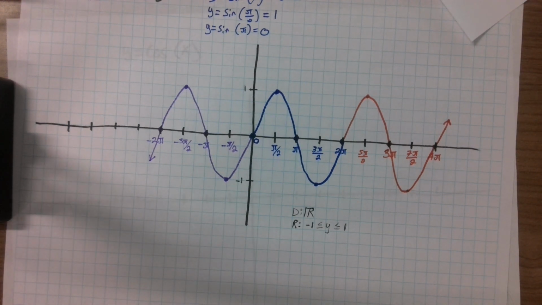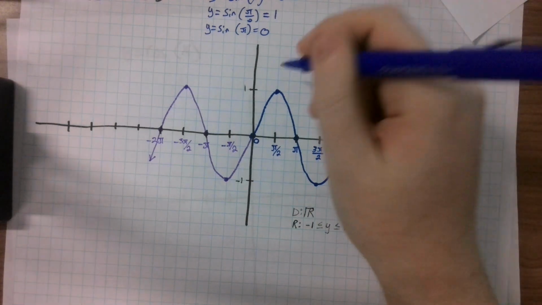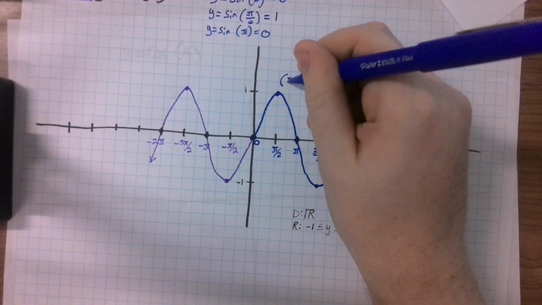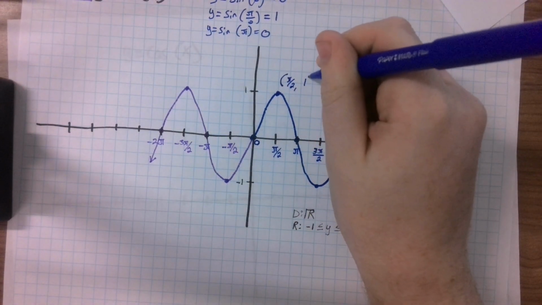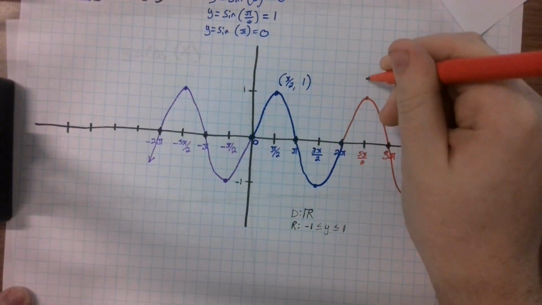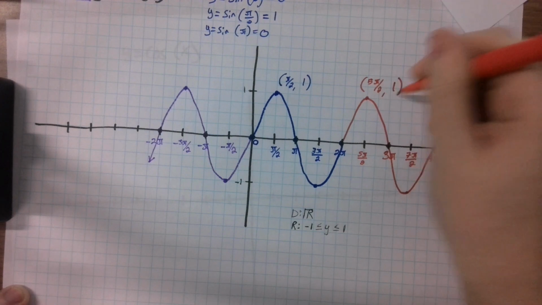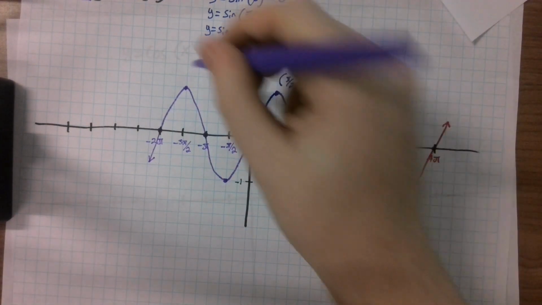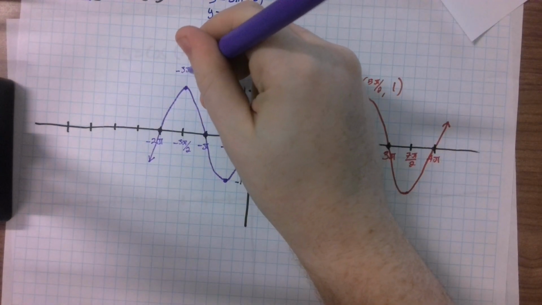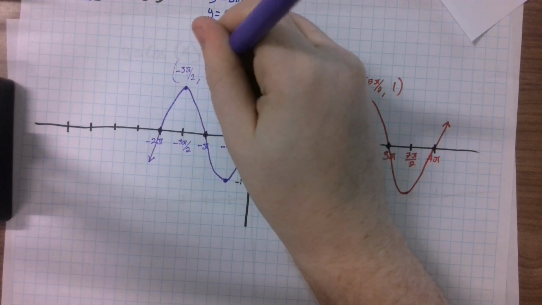The next thing that I want to take a look at is something we haven't actually seen before. So remember how we said the maximum values were at pi over 2 comma 1, or 5 pi over 2 comma 1, or even at negative 3 pi over 2 comma 1.